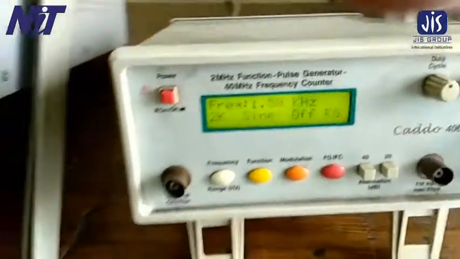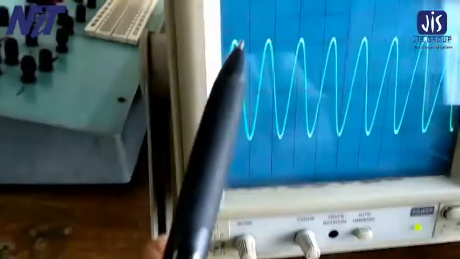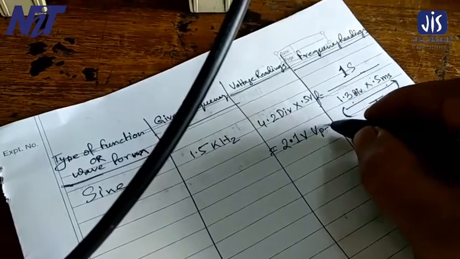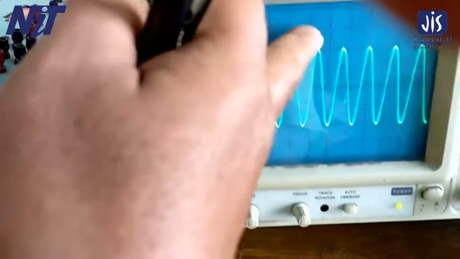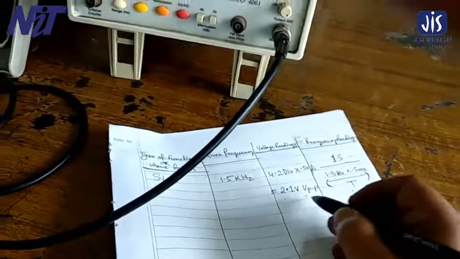So whatever signal we have generated in the function generator, this unknown voltage amplitude has been confirmed by the CRO as 2.1 volt peak to peak, V peak to peak. When we consider the total voltage amplitude, we have to consider peak to peak, from one positive peak to the negative peak. That's why we mention 2.1 volt peak to peak.